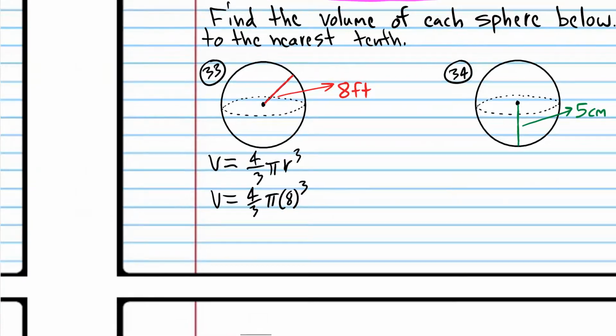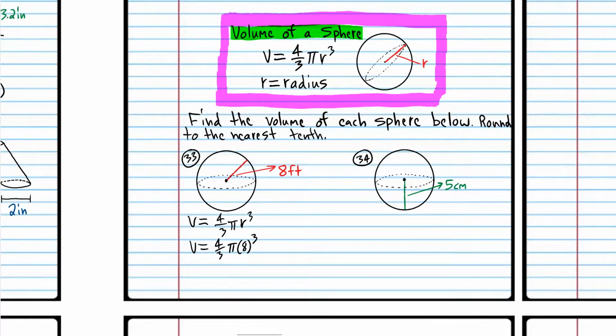And we're supposed to leave our answer to the nearest tenth. So you can just get out your calculator. It's probably best to do 8 and then the x cubed button. So the x cubed button probably looks like this. It really depends on what calculator you're using. You may have to use this button. So plug in 8 and then plug in 3. Or plug in 8 and then push this button, then push 3 and then equals.